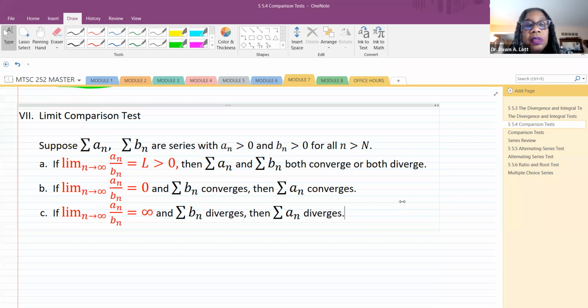There's two other parts. If you take the limit as n goes to infinity and you get 0 and bn converges, then an converges. And if you take the limit as n approaches infinity of an over bn and you get infinity, and summation bn diverges, then summation an also has to go to infinity with it. Okay, any questions?